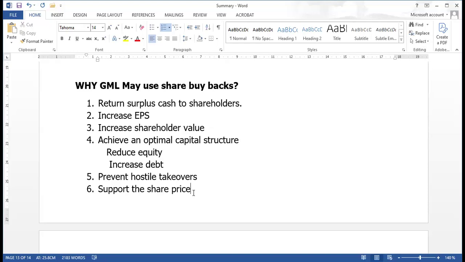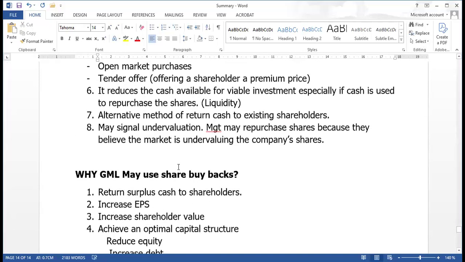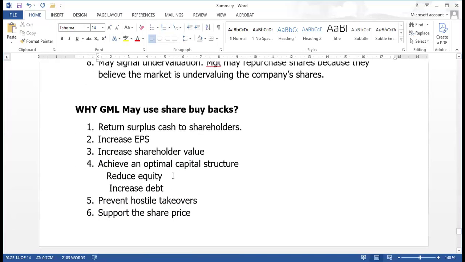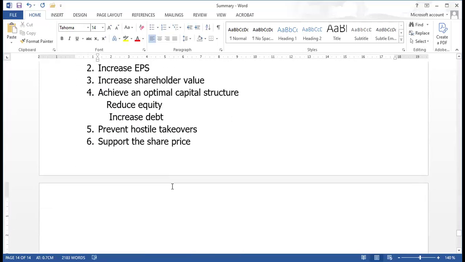Wherever there is good performance, people are interested in your entity. So all these points really can help you. Let me not overstretch, let's stop here, but you can put all other points. It signals management confidence. That is another point that you can put.